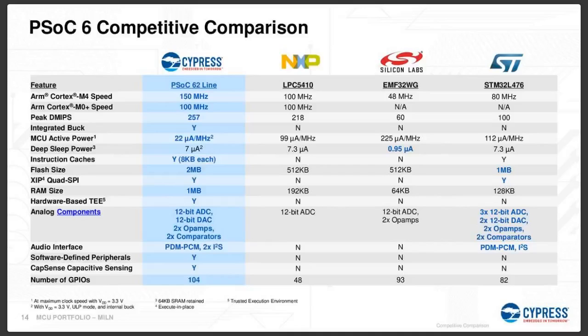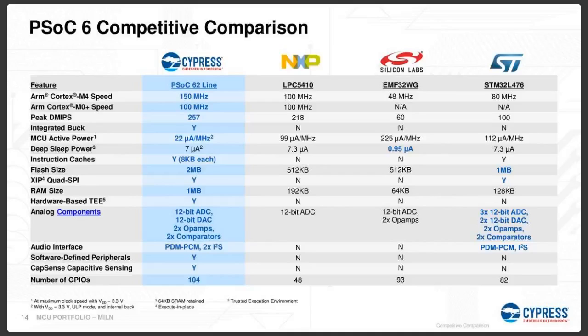Power, or active power: you can see the MCU active power where we're 22 microamps per megahertz. That's really low compared to a lot of processors that are out there. And again, keep in mind that we're not just a processor, we're a processor plus all those different peripherals, the analog peripherals, the digital peripherals, the ability to configure your IOs the way that you want.